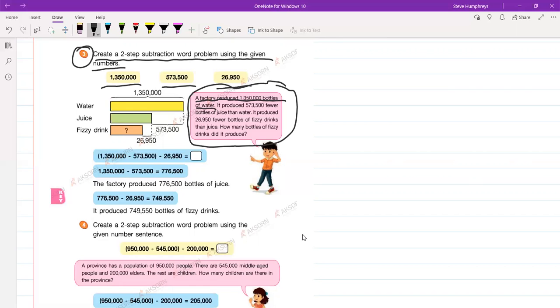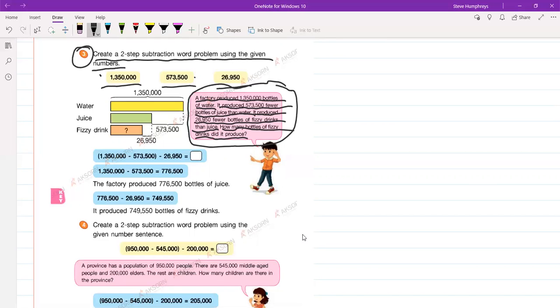Okay, that uses the first number. It produced 573,500 fewer bottles of juice than water. That uses the second number. It produced 26,950 fewer bottles of fizzy drinks than juice. Question: how many bottles of fizzy drinks did it produce?